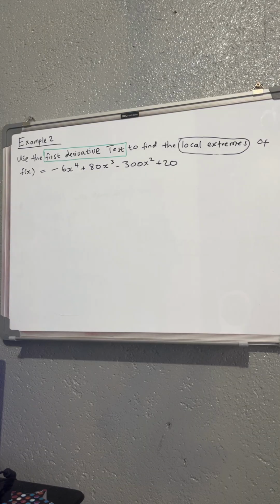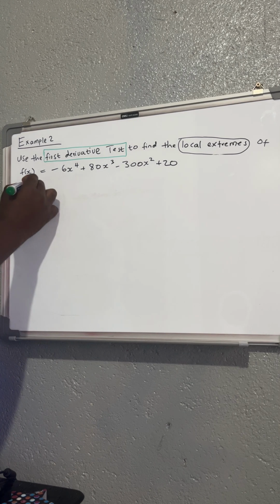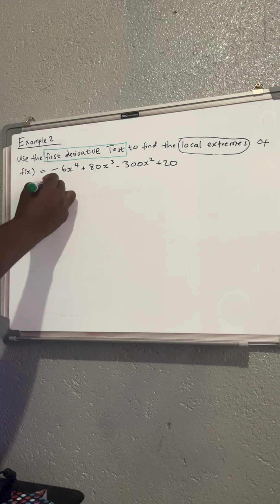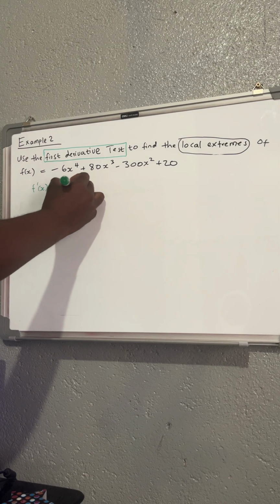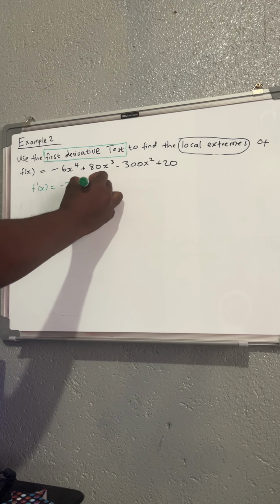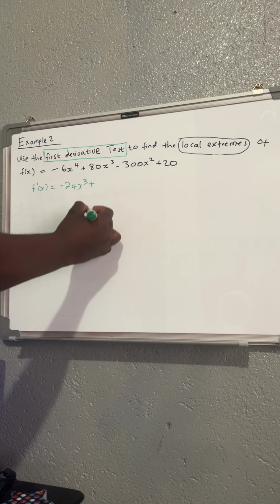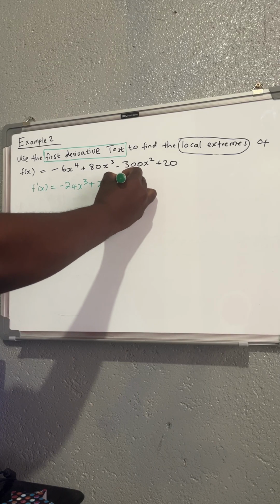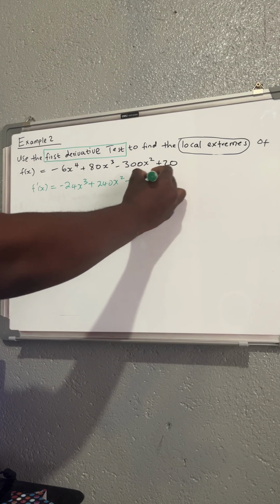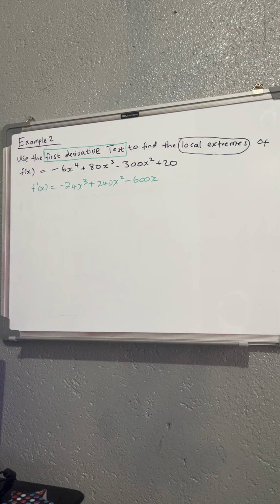So without wasting time, let's start by finding the first derivative for this one. So what would be the first derivative? We're going to have minus 24x to the exponent 3 plus 240x squared minus 600x, and the derivative of 20x remains 20.